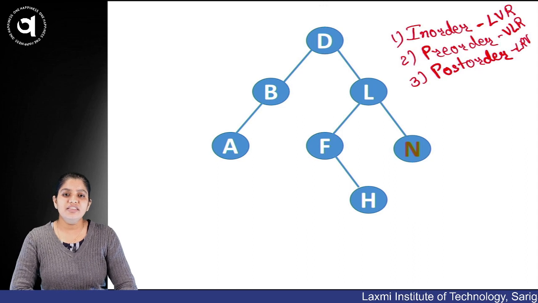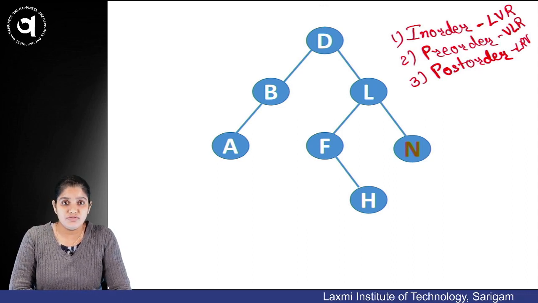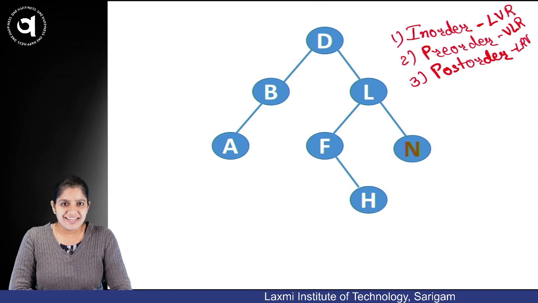Now how to find the traverser sequence? Suppose I have this tree, binary search tree, and I want to find the Inorder sequence. You can do it directly, but since this is the first time you are learning this, I am writing it out.